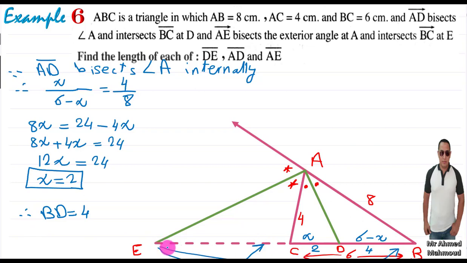Okay, now EC over EB equals AC over AB, since AE bisects angle A externally.